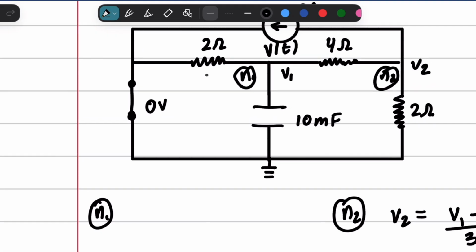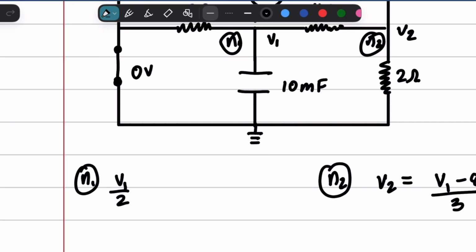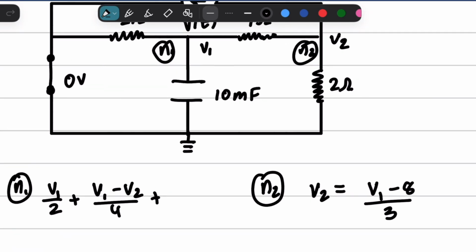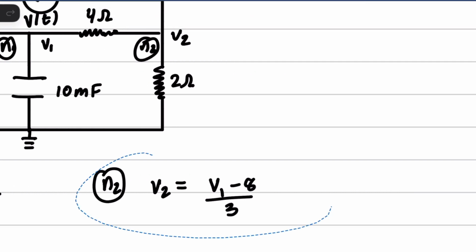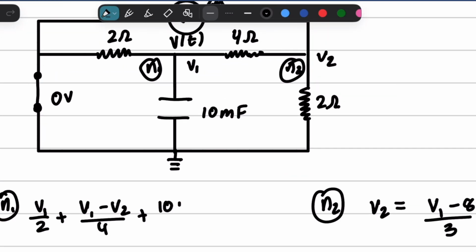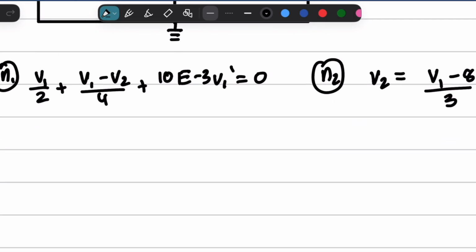So V1 over 2 this time instead of any minuses, plus V1 minus V2 over 4 plus 10e negative 3 V1 prime is equal to 0. Multiply both sides by 4.